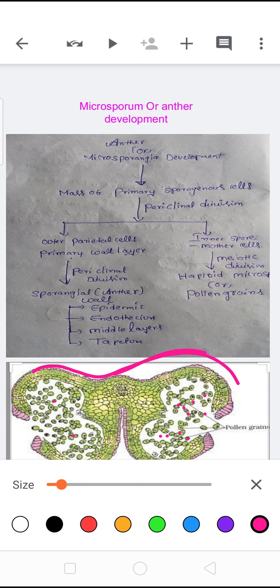microsporangia development starts from a mass of primary sporogenous cells. Primary sporogenous cells undergo periclinal division.